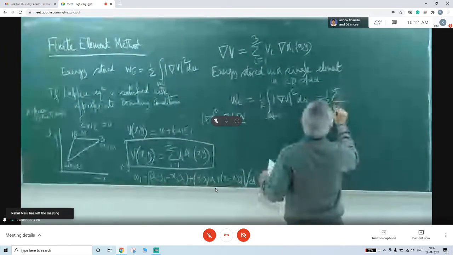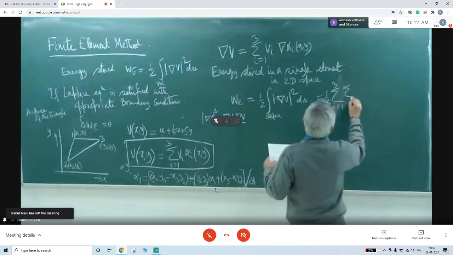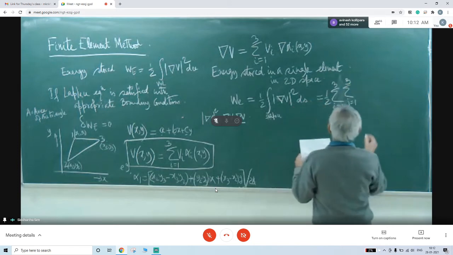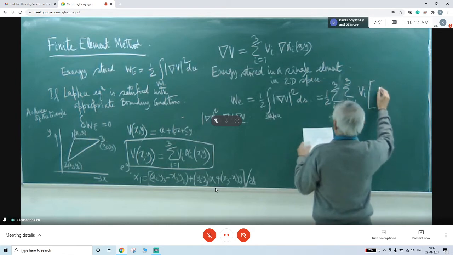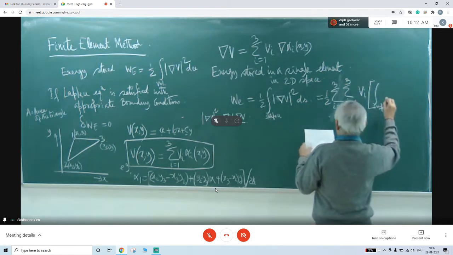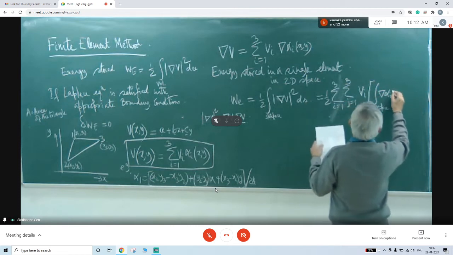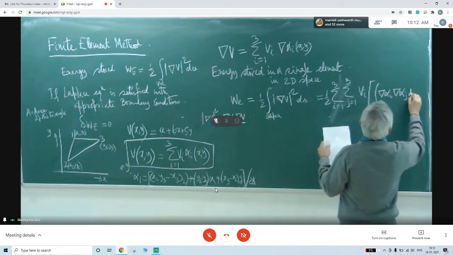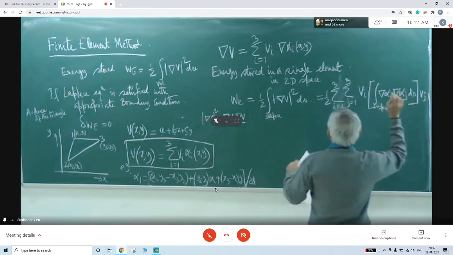So it is summation i equal to 1 to 3, and then summation j equal to 1 to 3, then it is Vi. Then I put it in this way, surface integral nabla alpha i into nabla alpha j into ds, then again Vj.